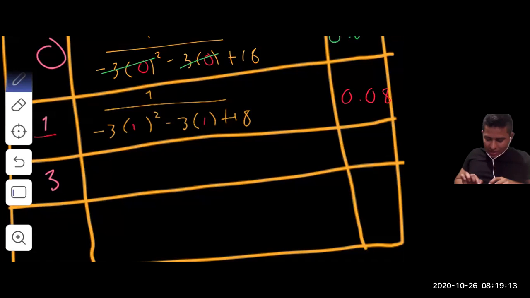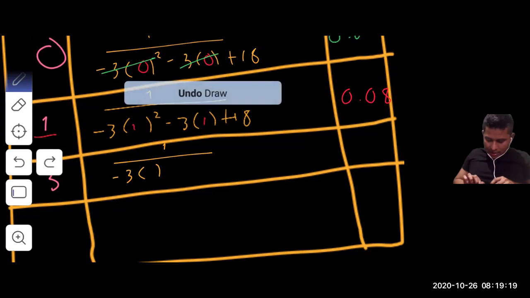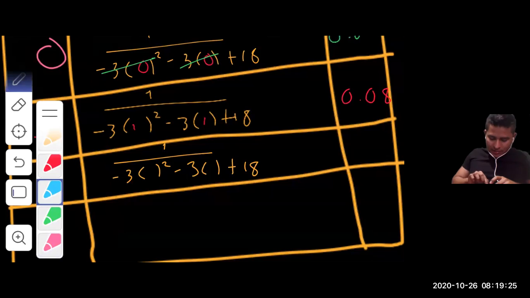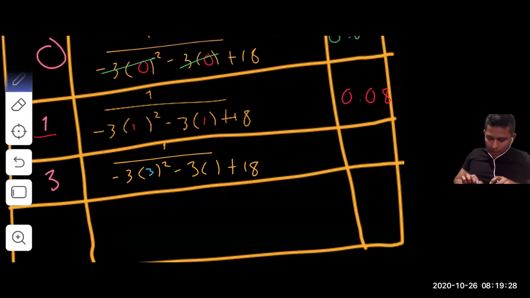Okay, let's go to the number 3. Negative 3. A lot of values, right? Let's substitute this value, guys, which is 3. What do we get if we plug in 3? Negative 0.05. This one.